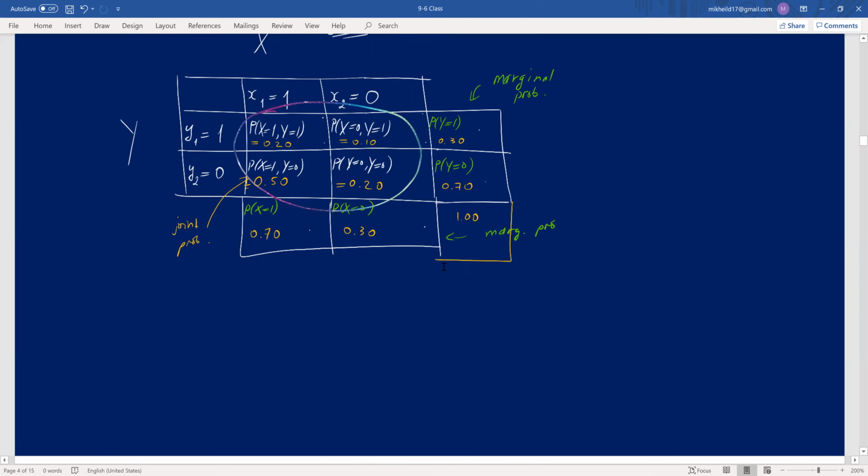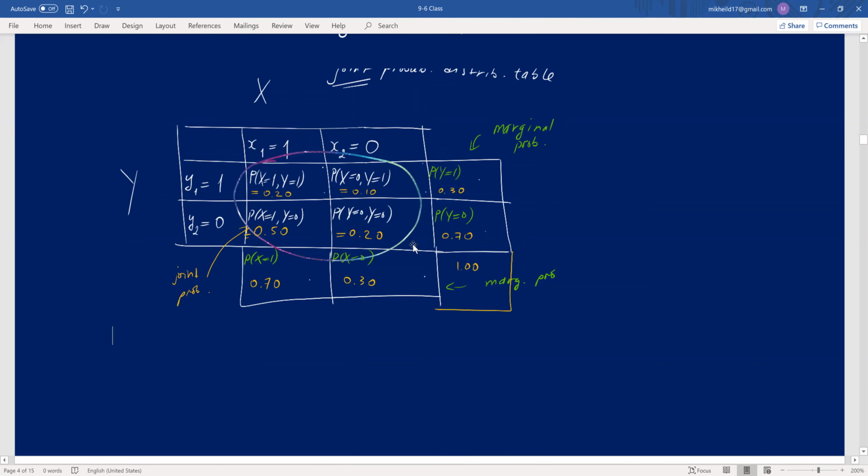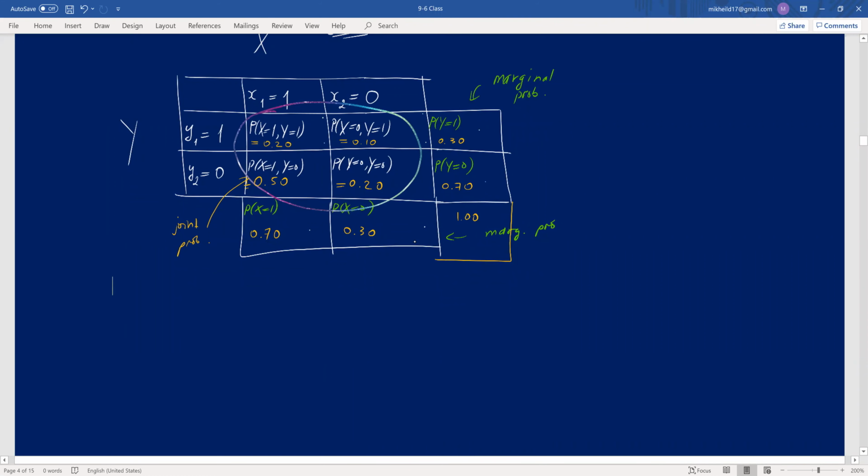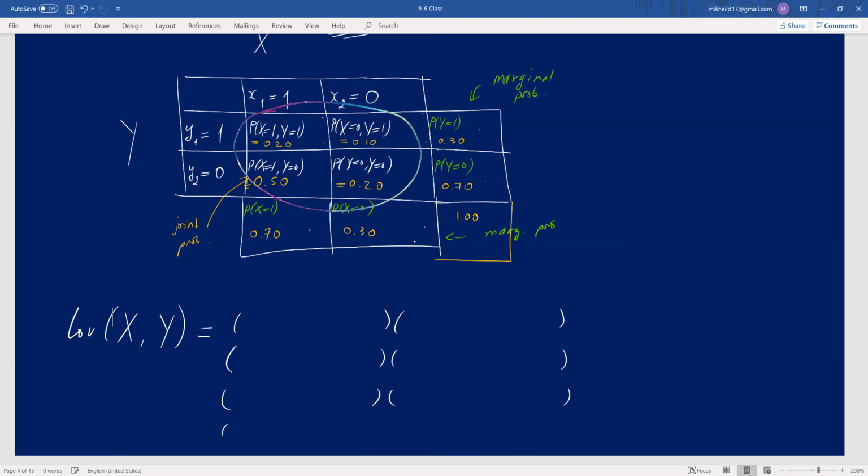Now, in this example, let's calculate covariance between x and y. It will be easier if you calculate it as I do now, because you will have to add certain stuff.